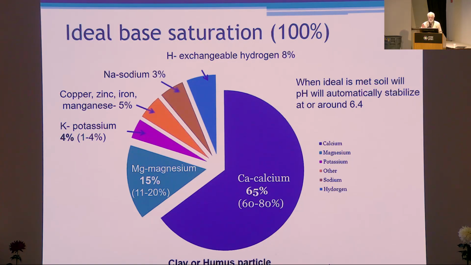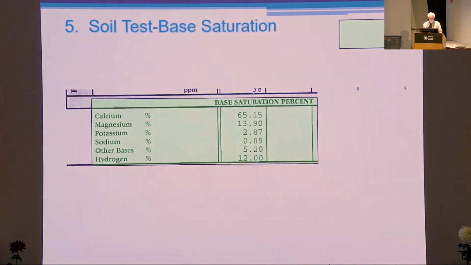The interesting thing about this is that if the soil has that specific proportion of each of those minerals, the pH stabilizes at 6.4, which I think is the other idea as to why that has often become the magic pH. But remember, what we're talking about are the humus particles, and particularly the clay particles that are clinging to those different nutrients.